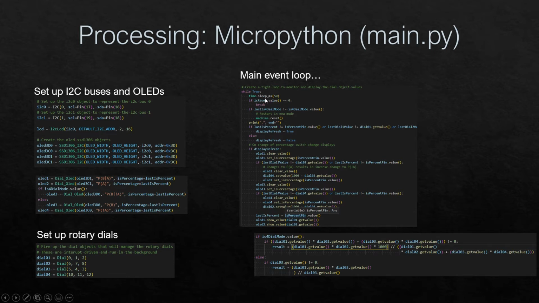Otherwise it runs through the loop every 50 milliseconds and checks whether any of the rotary dials have changed or any of the switches have changed. If they have, then it updates the information displayed on the OLEDs.